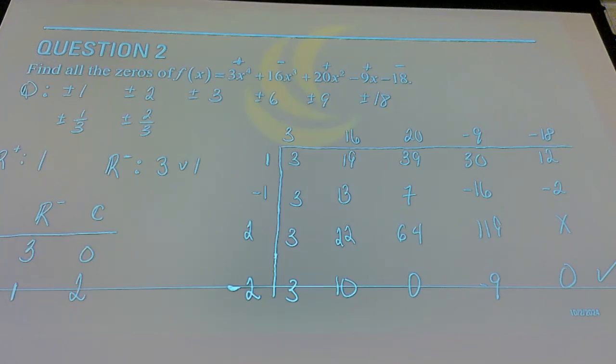So when you factor it out, what are you left with? Keep going.